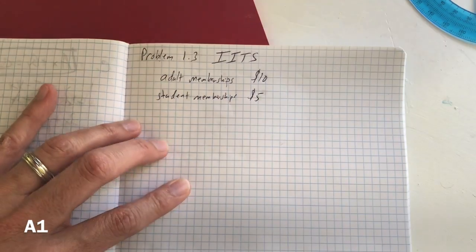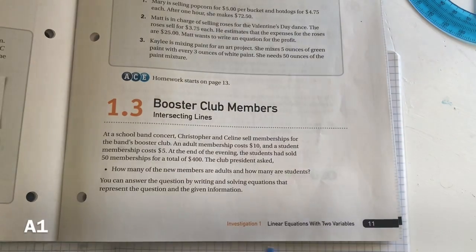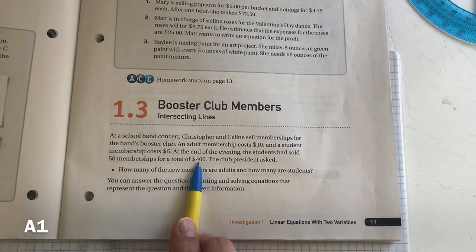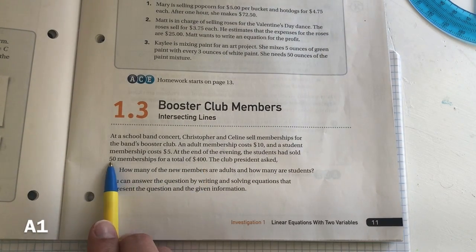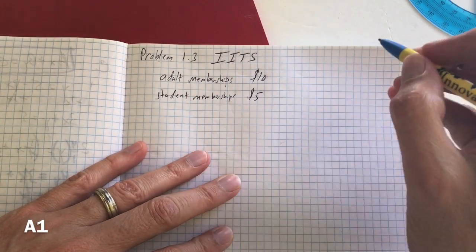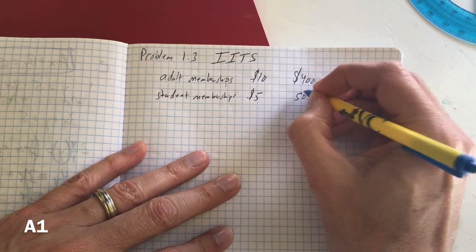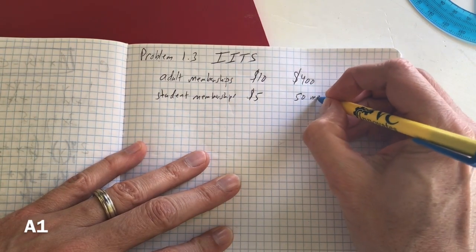The student memberships are $5. Over the course of this evening, I'm going to go back to the beginning, they made $400 and there were 50 memberships. So we have $10 for there. It's a total of $400 and 50 memberships.